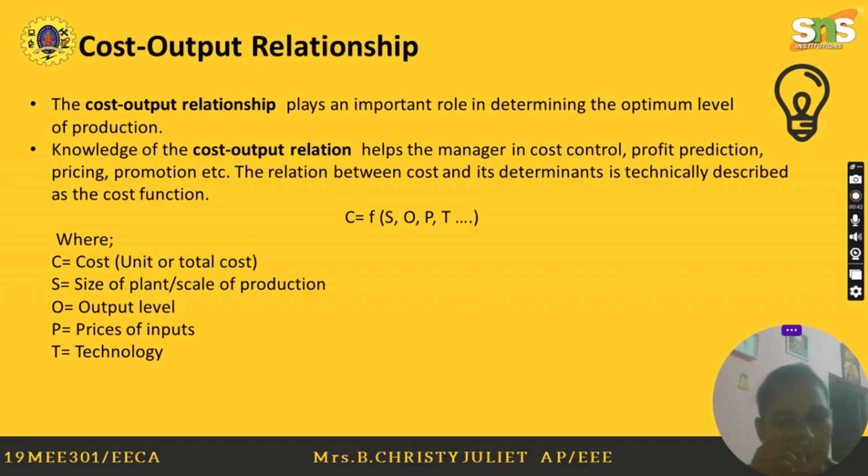So the basic factors like size of the plant, output level, price of the inputs, technologies, these are the functions that decide the cost of a product. Here S is the size of the plant or the scale of production. Certain companies may be small scale, certain will be large scale, and their production will be very high compared to small size firms.